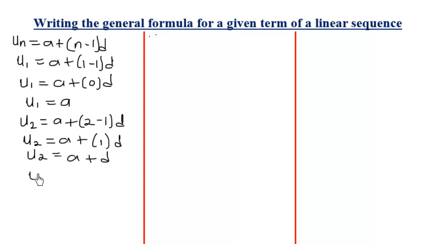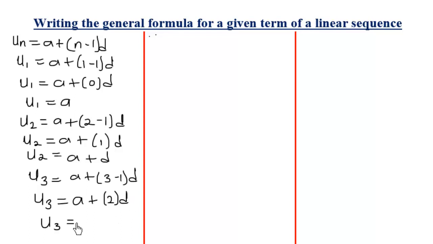Now let's move ahead. Third term, a plus 3 minus 1 multiplying d. So the third term is equal to a plus, now 3 minus 1 gives us 2 multiplying d. So the general formula for the third term is a plus 2d. I hope you are following. Now let's take the fourth term. It means n is 4.